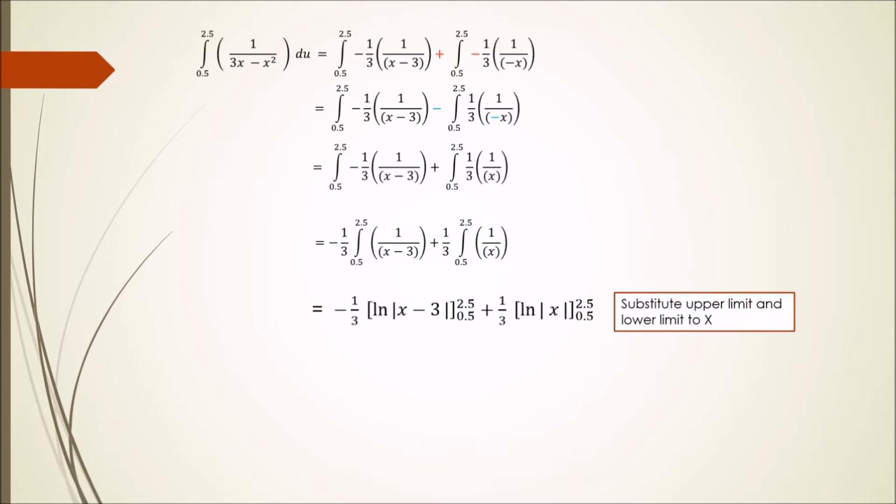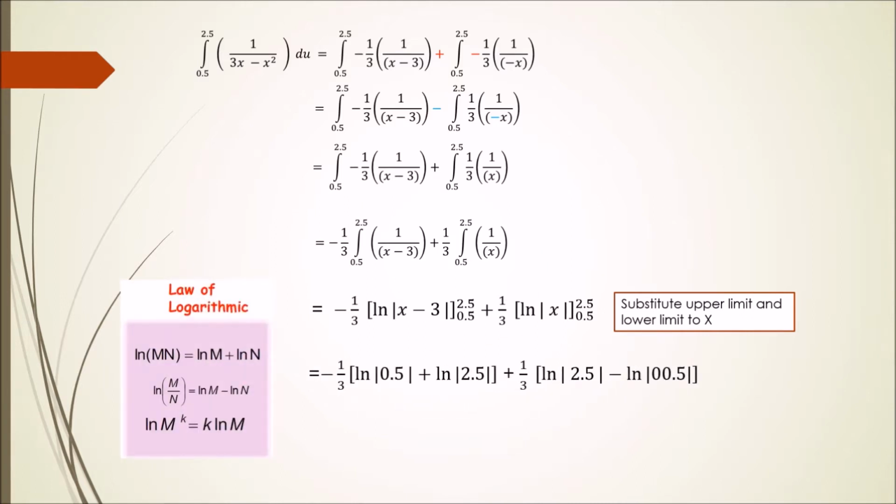Next step is substitute upper limits and lower limits into x. By using the law of logarithm, you can arrange that equation, and it becomes 1 over 3 ln of 2.5 multiplied by 2.5 over 0.5 multiplied by 0.5.